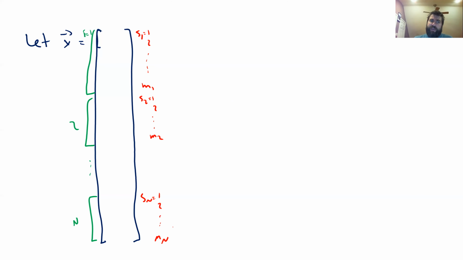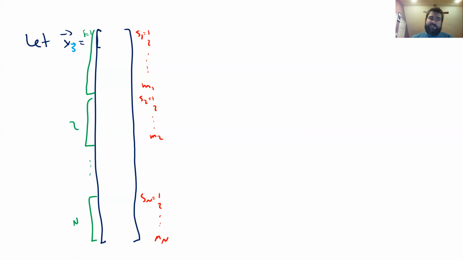Same structure as we had before. And let me write this as x sub s. So I'm going to put in a subscript s here.